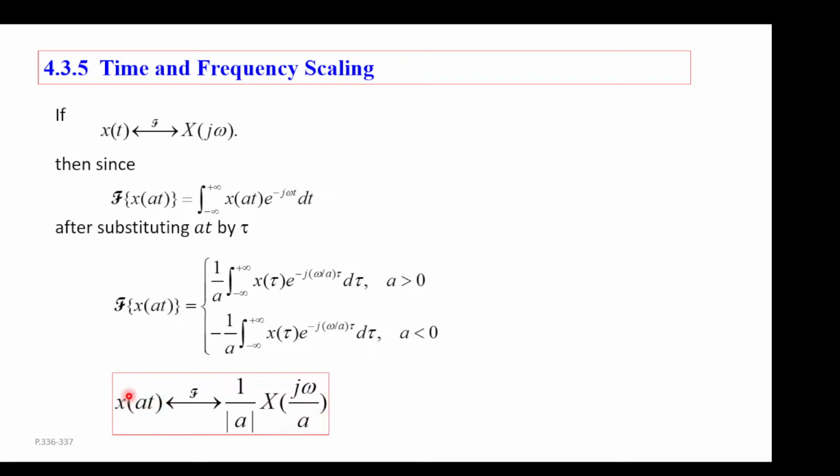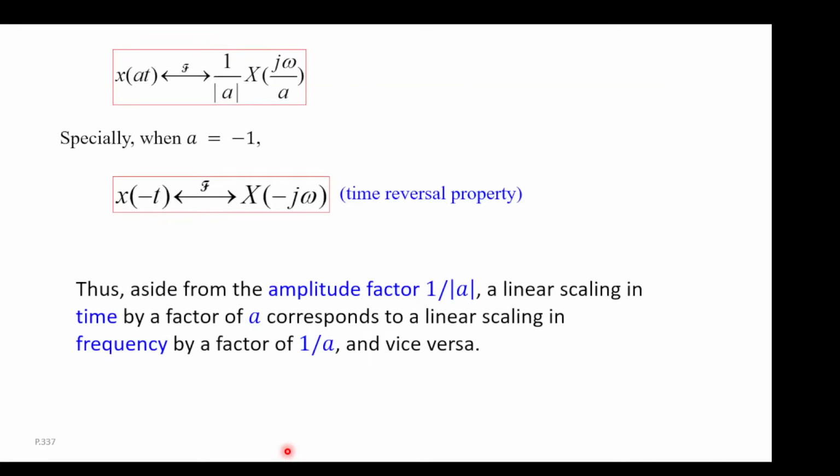So you stretch your time, then you squeeze your frequency, or you squeeze your time and then you stretch your frequency. But there is also this extra 1/a factor with absolute value sign, because if a is negative, you have a negative sign here. So 1/|a|, and this X of omega divided by a.